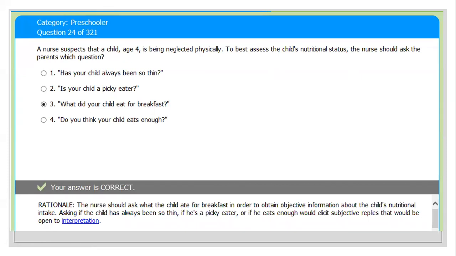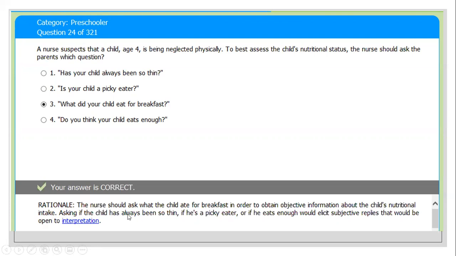So nutritional status is the current body status of a person or a population group. It is related to their state of nourishment, basically. The rationale said the nurse should ask what the child ate for breakfast in order to obtain objective information about the child's nutritional intake.